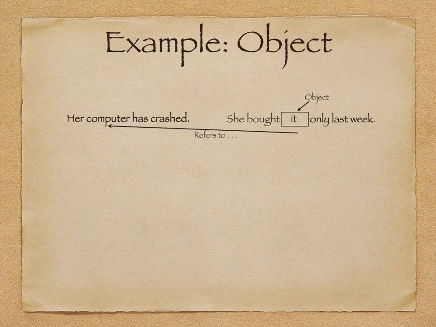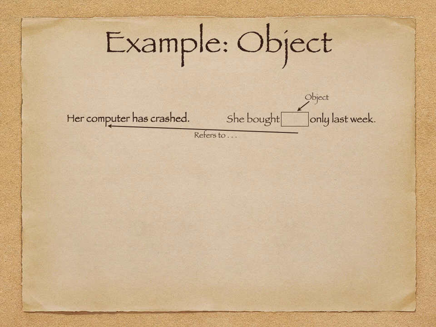In this case, her computer is a unique common noun because most people only use one computer, so we can logically assume that her computer is the only one that she has. Therefore, the noun is not general, it's specific.